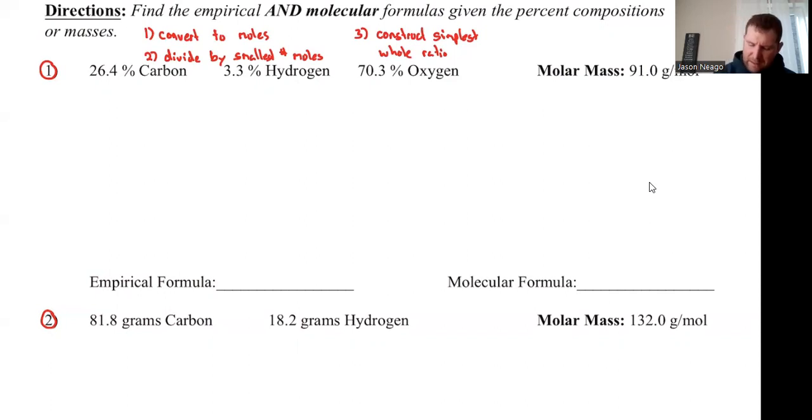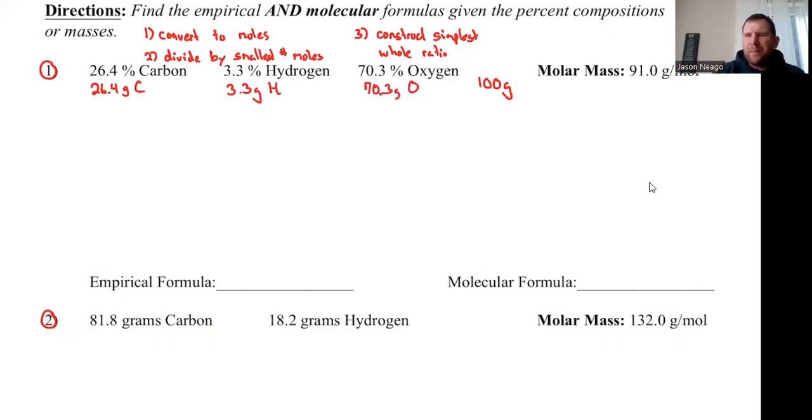Well, if I think of my sample size as 100 grams, and if 26.4% of 100 grams is carbon, then I have 26.4 grams of carbon. And if 3.3% of my 100 gram sample is hydrogen, then I have 3.3 grams of hydrogen. And I would have 70.3 grams of oxygen.